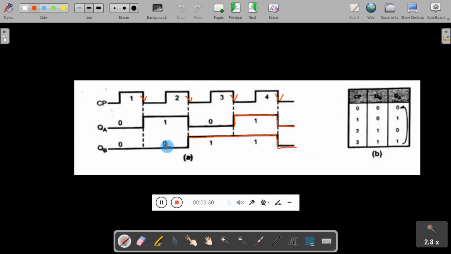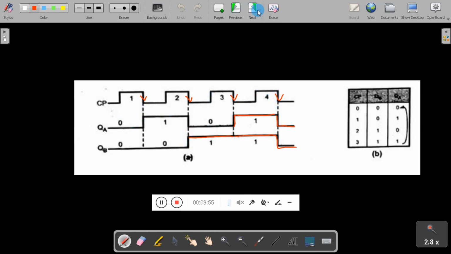But here QB remains 0 because the last state was 0 and it will remain 0. Then once again QA will toggle from 1 to 0, but here QB will toggle to 1 because it receives a 1 input from QA. Like this the waveform continues. So this is called a 2-bit synchronous up counter.